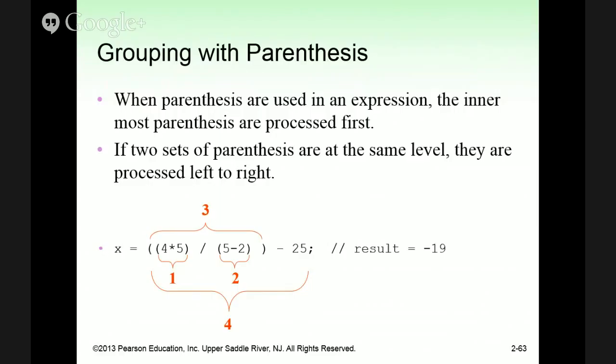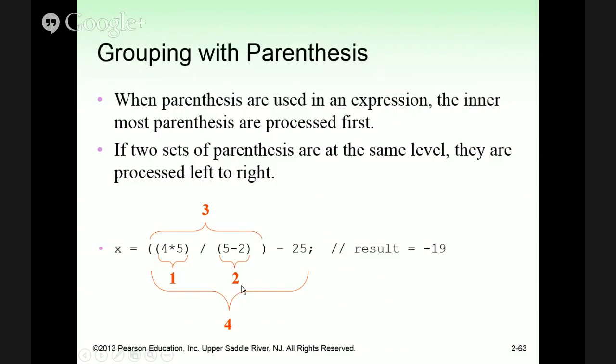So here's another example. This one uses parentheses. So we have to execute the parentheses first. So in this example, we would multiply this first, 4 times 5. Then we would do this subtraction, again, because it's in the parentheses. So that would give us 20 divided by 3.